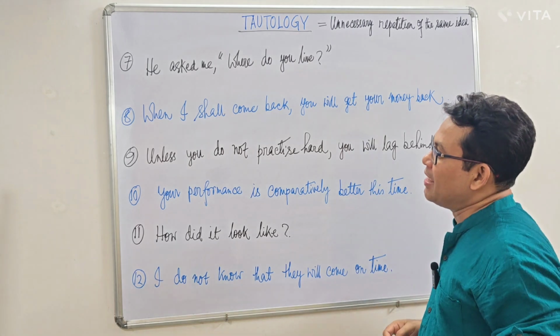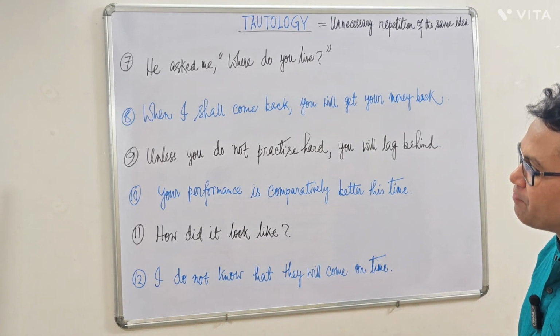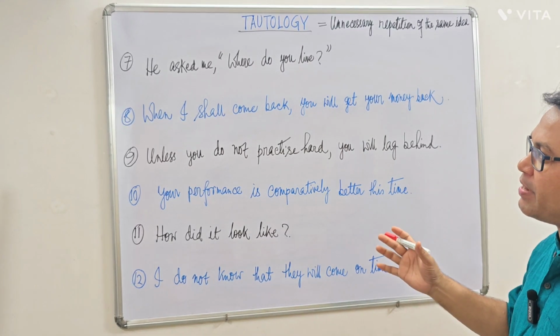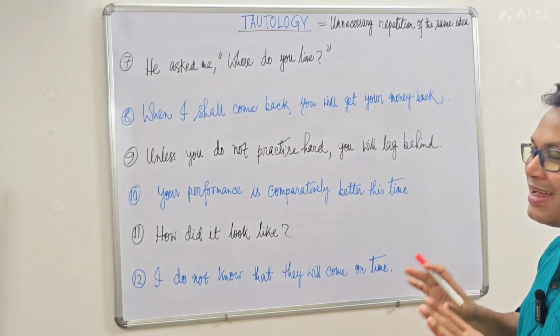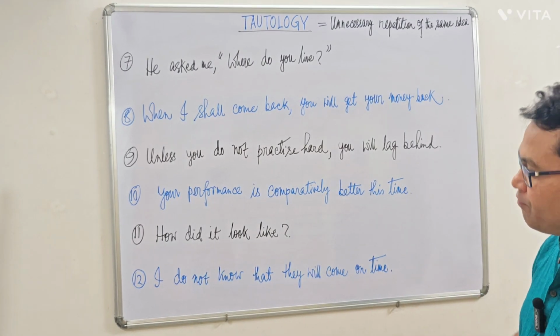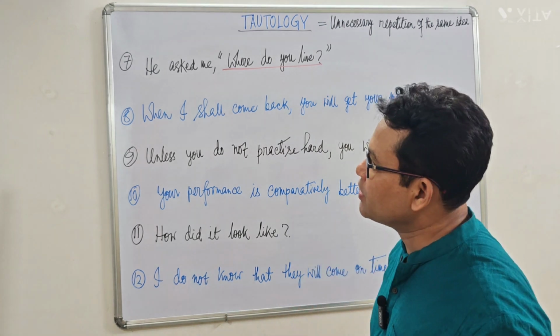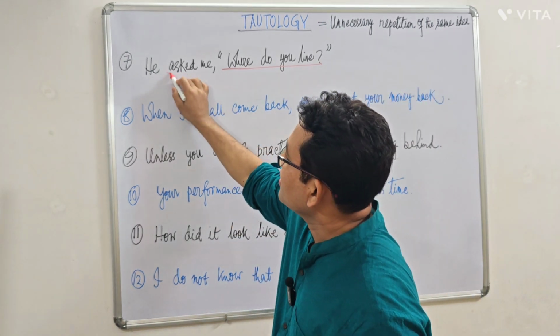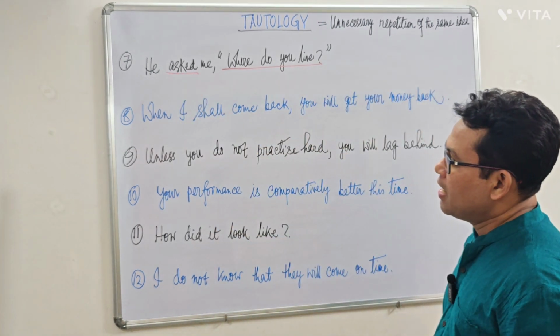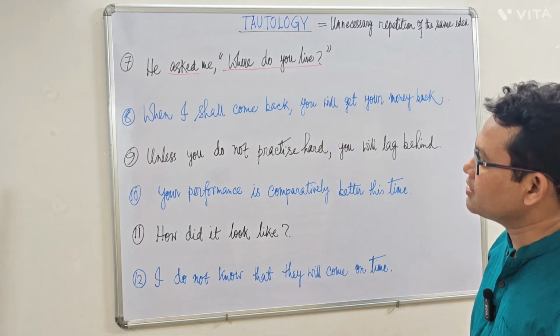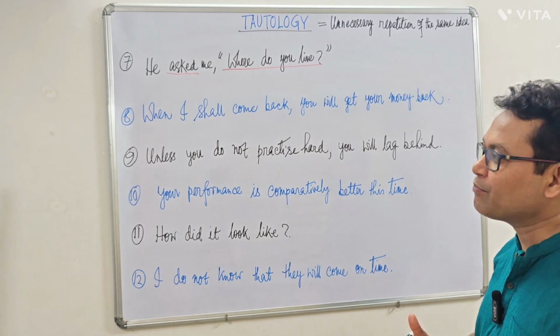So first, number 7, he asked me, where do you live? Now this is a sentence pattern or an arrangement in direct speech or direct narration. Here, where do you live within the quotation is the reported speech, while asked is the reporting verb. Now the situation is, I am doing the same thing twice.